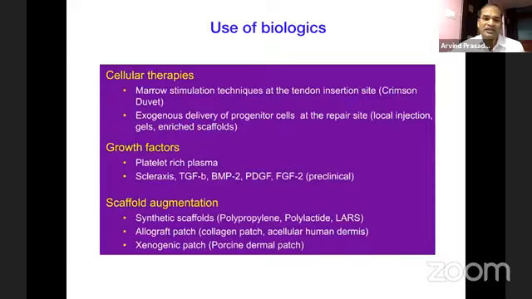And another technique is the delivery of progenitor cells at the repair site after the repair. That is in the form of local injection, enriched scaffold, and other things. Also, we can inject growth factors like PRP. And after the repair, we can use scaffold augmentation, that may be synthetic or allograft patch or xenogenic patch also. All these people are using.